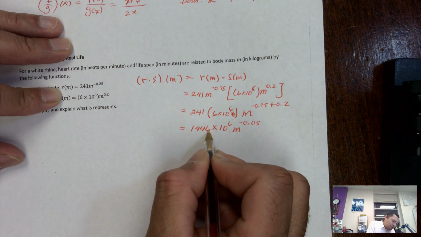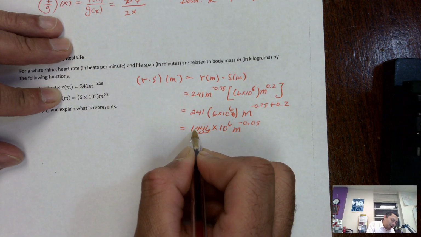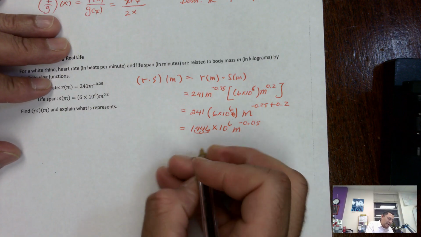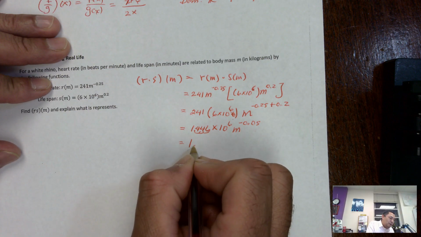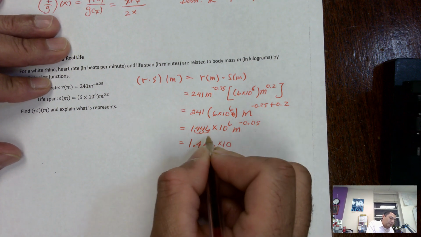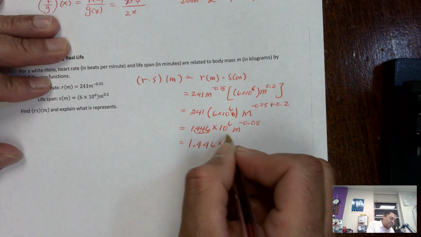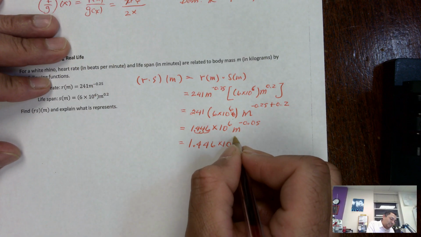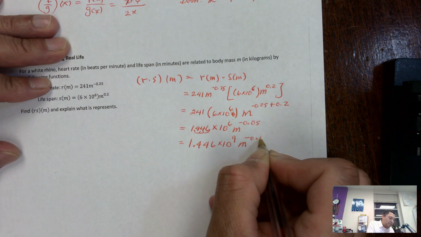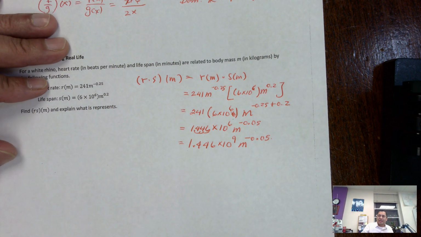Now, if we move this decimal point to get 1.446 times 10, we move it 3 units, so we're going to add 3 to the 6, giving 10 to the 9, m to the negative 0.05. And in this case, that is going to be the solution to this problem.